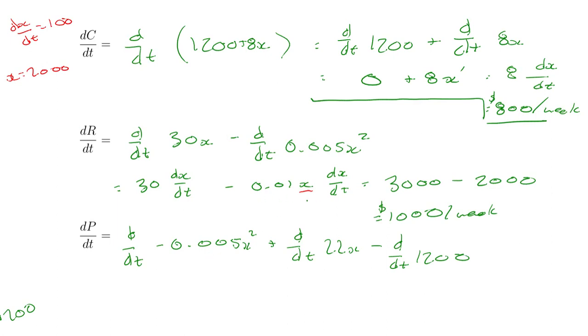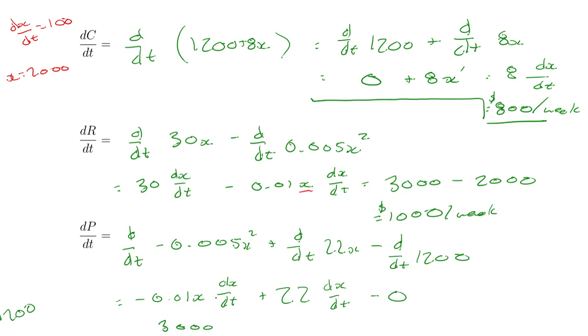All right, so we've got more chain rule here. Notice that this is the exact same thing as what we had going on here. So we've got minus 0.01x dx over dt plus 22 dx over dt minus 0. So if we plug everything in, this term here is going to be 3,000, if we plug in 100 for dx over dt and 2,000 for x.